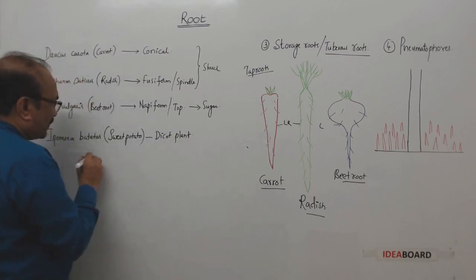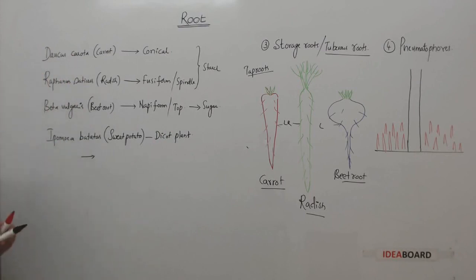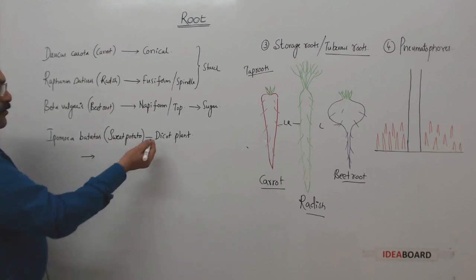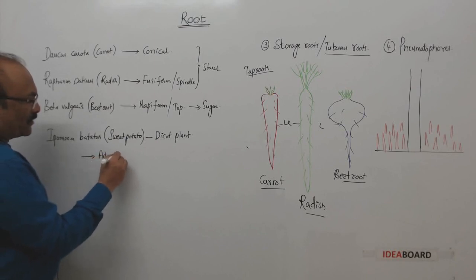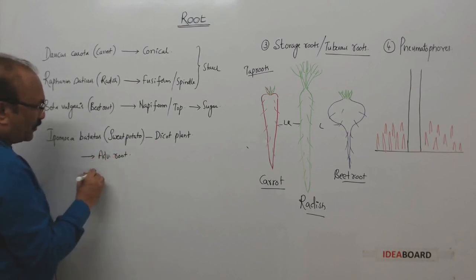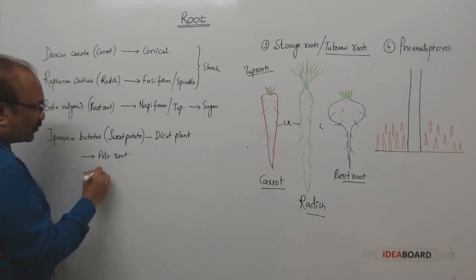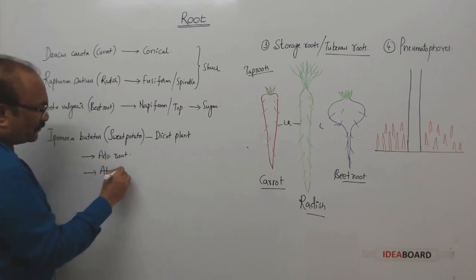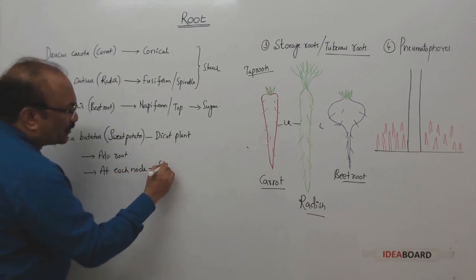In the previous video I told you that all vegetatively propagating dicots will have adventitious roots. In the same way, Ipomoea batatas, though a dicot plant, has adventitious roots, and at each node that adventitious root will store food material. So at each node you will find one storage root.